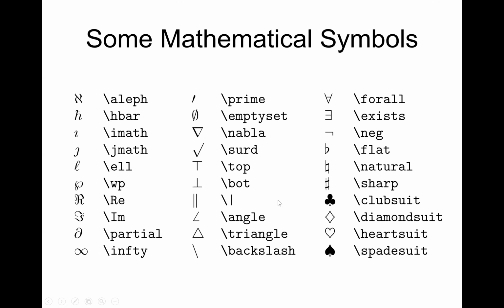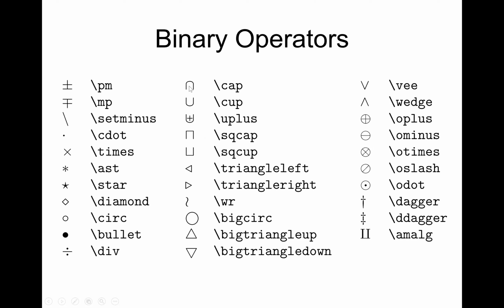Many more. So if you want intersection, we use backslash cap, and then for the union, we use cup, union plus, and many things. Times, dot, star, division. You want things like disjunction and the logical or, and many things.